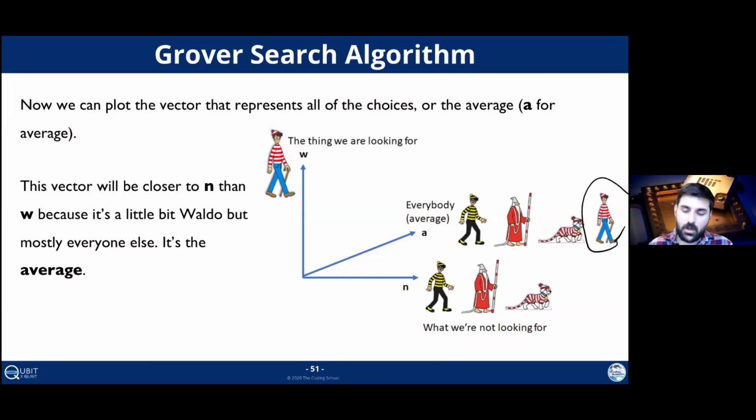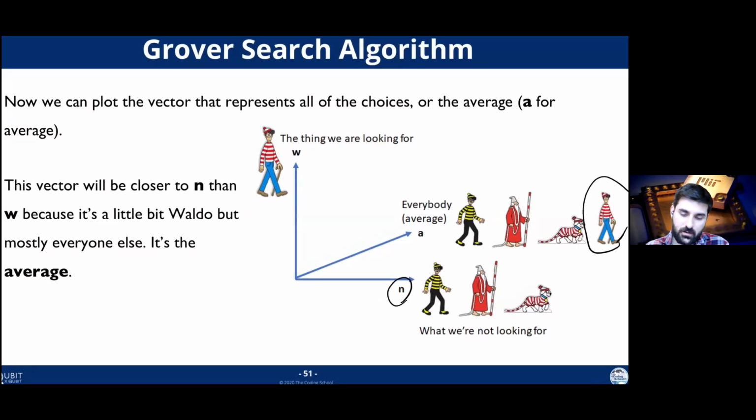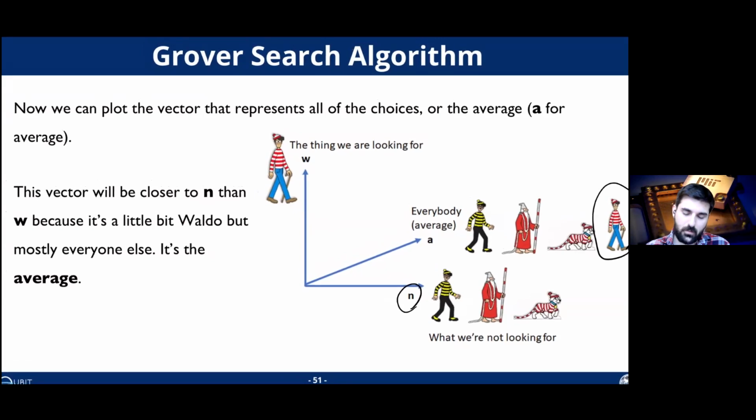So it's going to be much closer in terms of the overlap to the N vector, the vector that contains all the options that we're not looking for, than the one that has the option that we're looking for. And that is just because that's the average. Now, what we want to do is apply our Grover operations such that we get closer and closer to the W state.